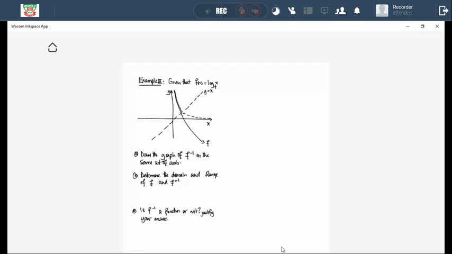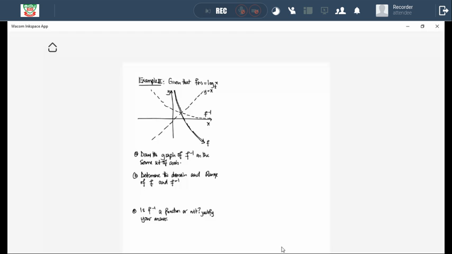What about this outer one, which is going down? What about this remaining piece? How is it going to come out? That piece, if I reflect it, it's going to come out like this. So the dotted line becomes f inverse.